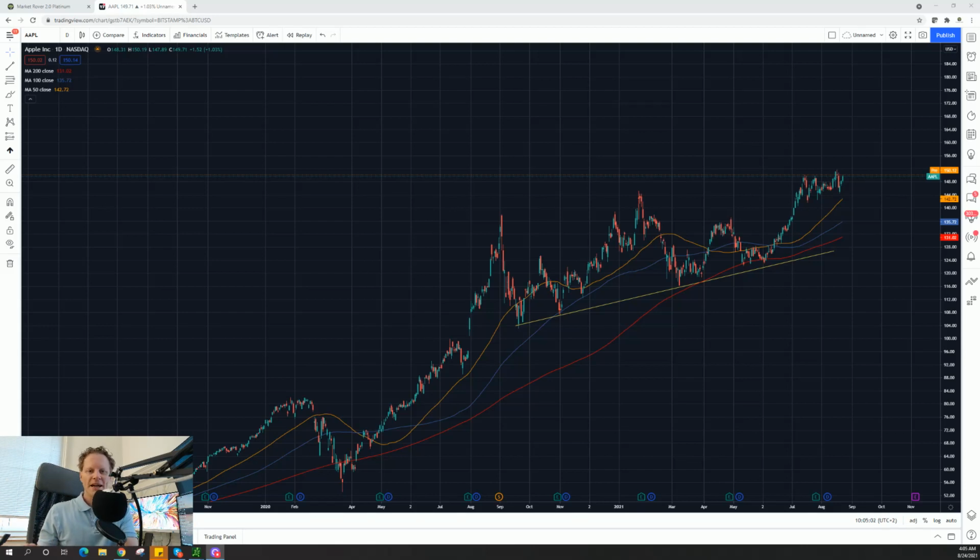It's kind of like a smoothing mechanism, and at its most basic, the hopes and dreams of the way people use it is that it gives you support and resistance levels, right? And that's really what people try to use it for.